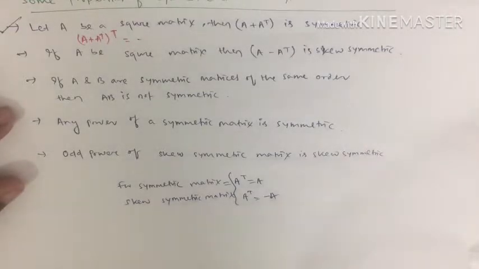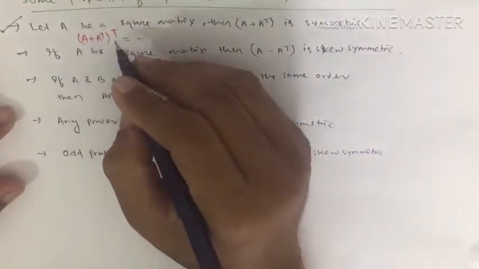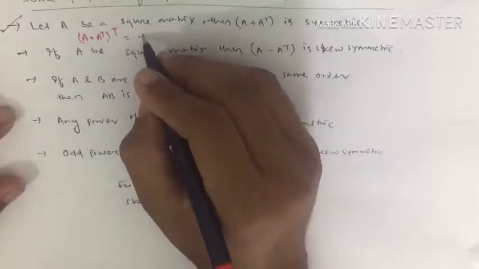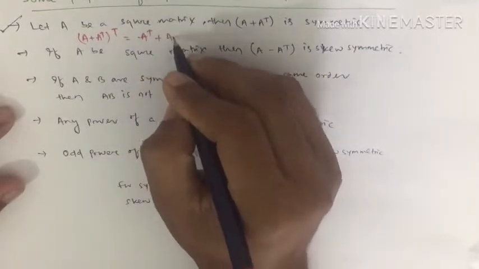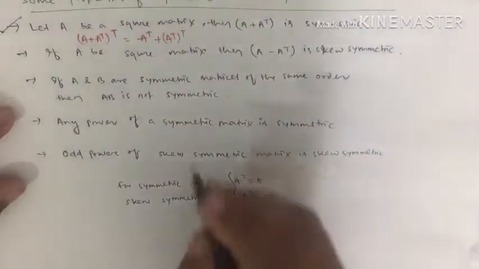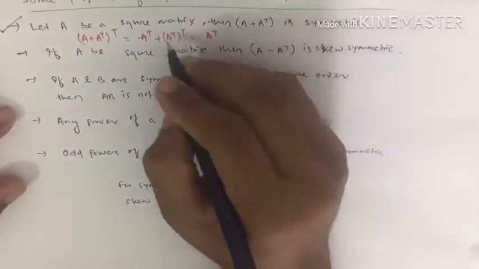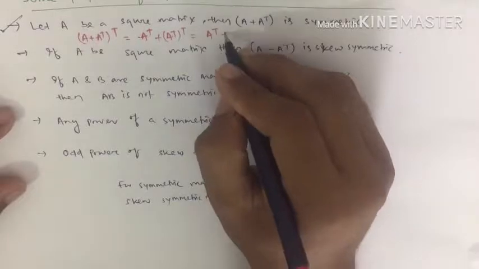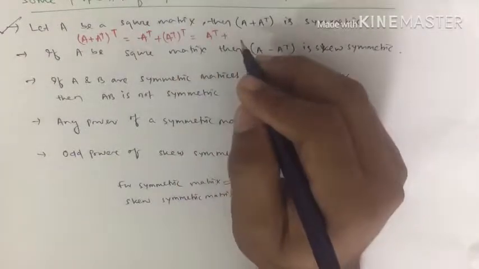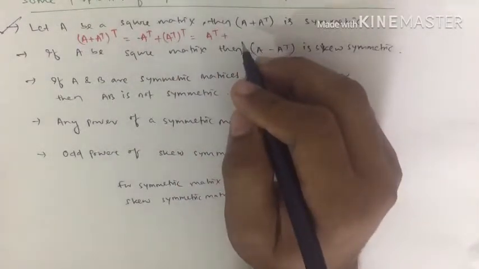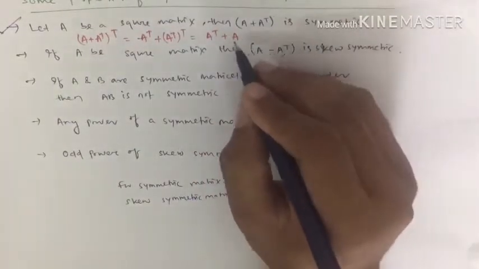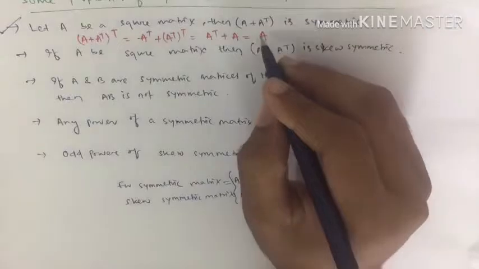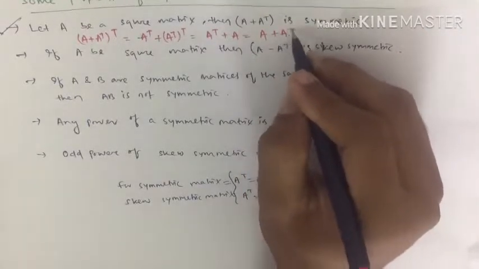The transpose of A plus A transpose is nothing but A transpose plus the transpose of A transpose. You have already seen that the transpose of the transpose of matrix A, you will get A, which you can write simply as A plus A transpose.